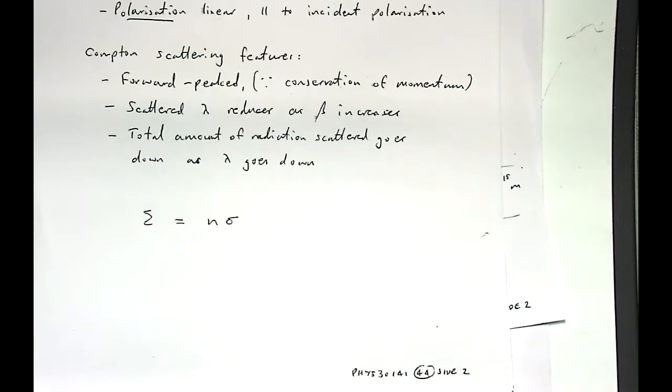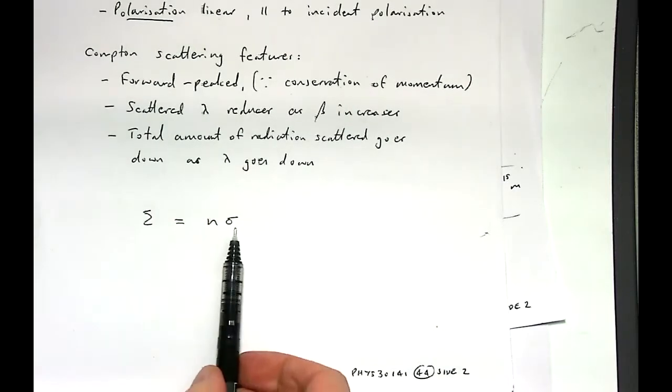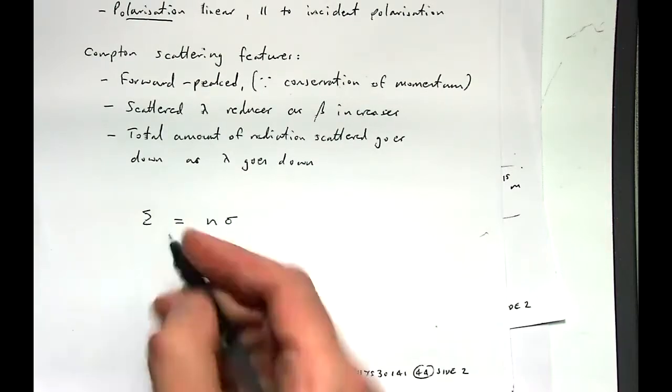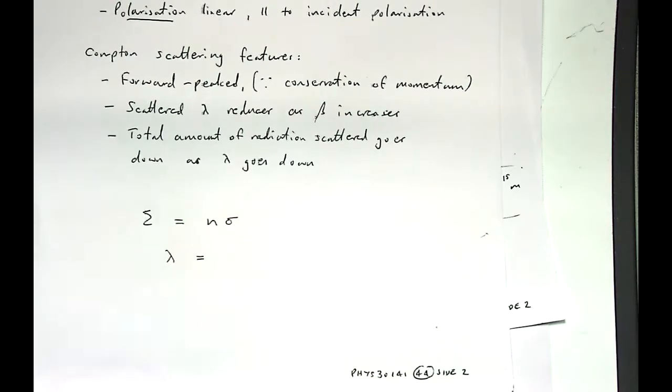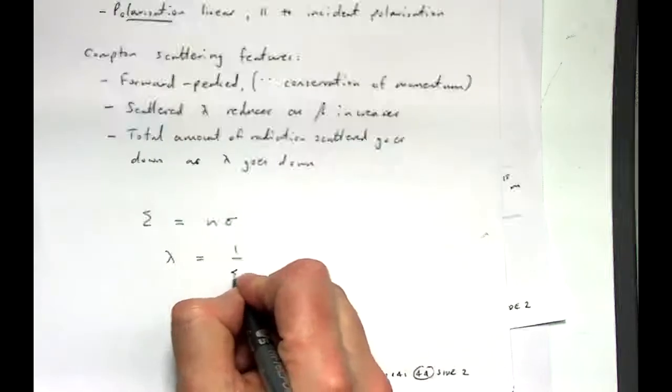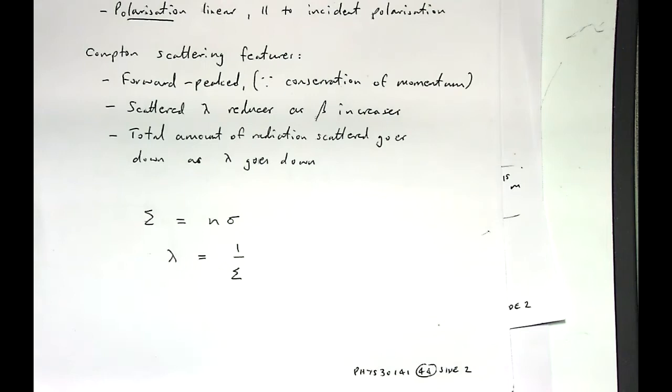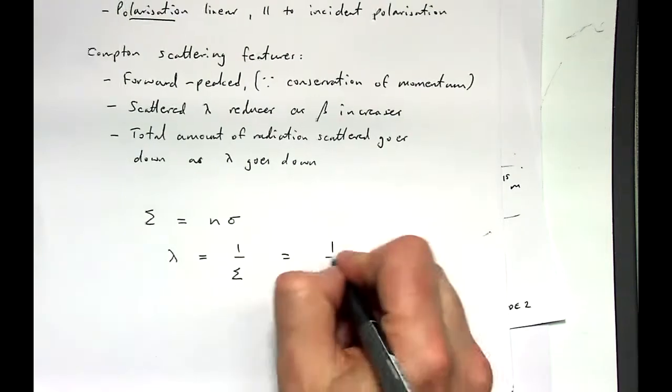So this is the cross-section of the little object, the microscopic one. This is the macroscopic one. So the typical distance the photon will travel is simply equal to 1 over capital sigma. This capital and little sigma is how it's conventionally written. It's annoying, but that's just how it is. So the mean free path is 1 over n sigma.